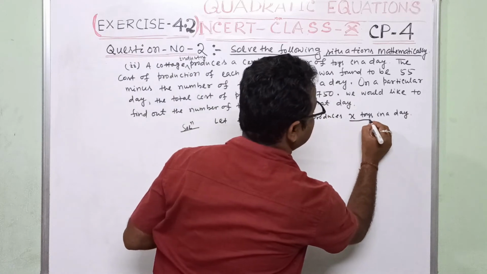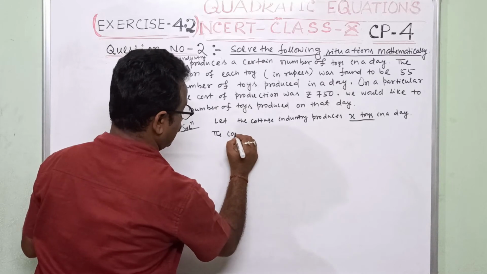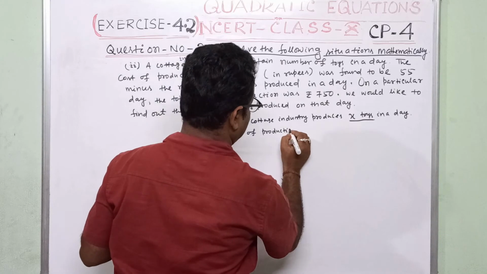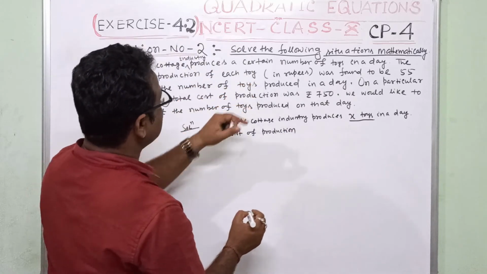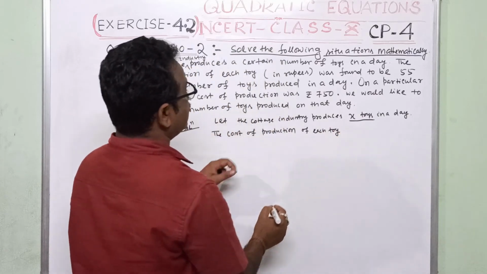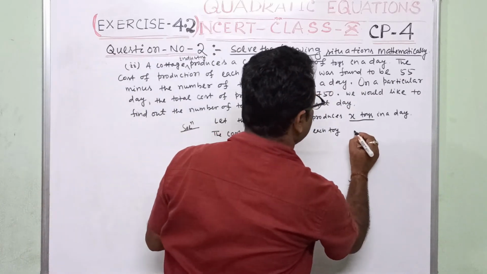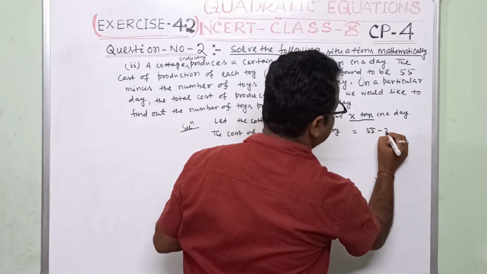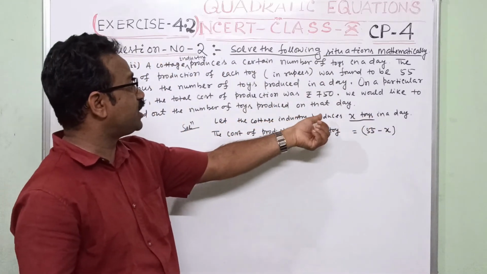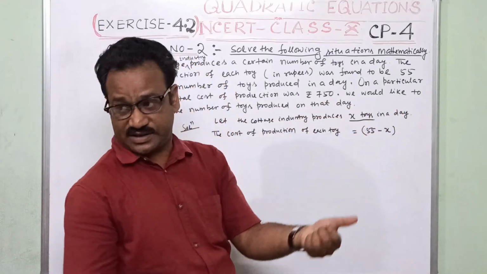The cost of production of each toy was found to be 55 minus the number of toys produced. X toys produced, so the cost of production of each toy is equal to 55 minus X.